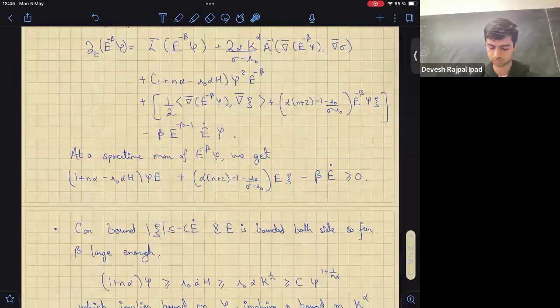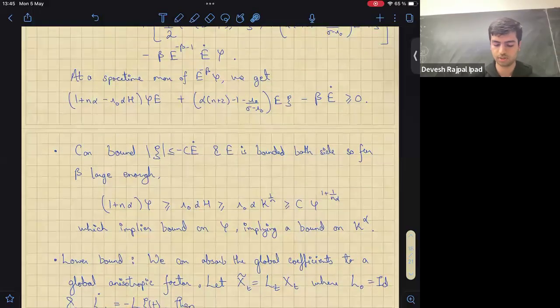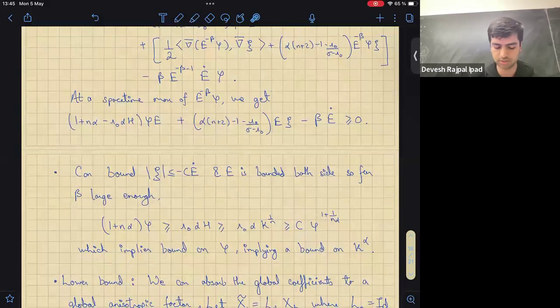And using some calculations, one can bound the affine corrections in terms of the derivative of the entropies. So psi is the affine correction terms, and we have a bound on it based on the time derivative of the entropy.